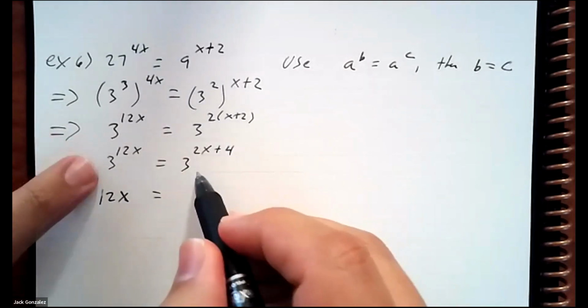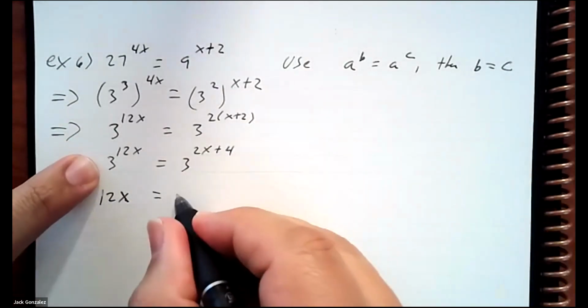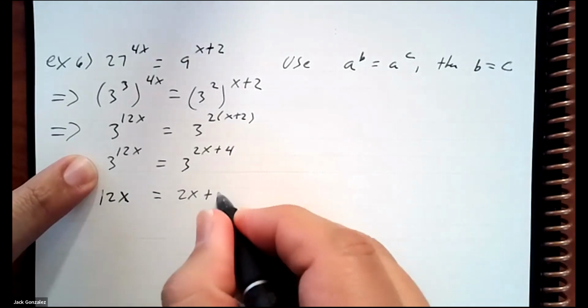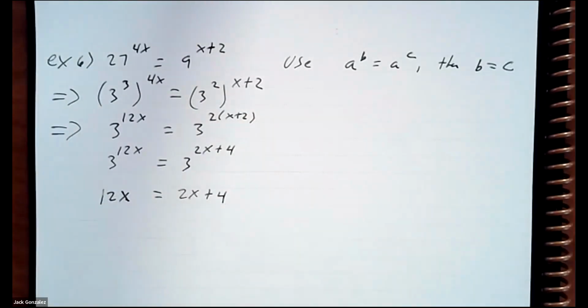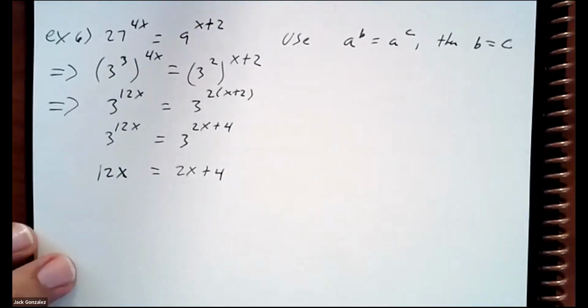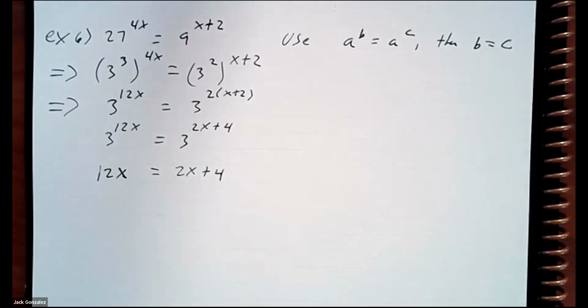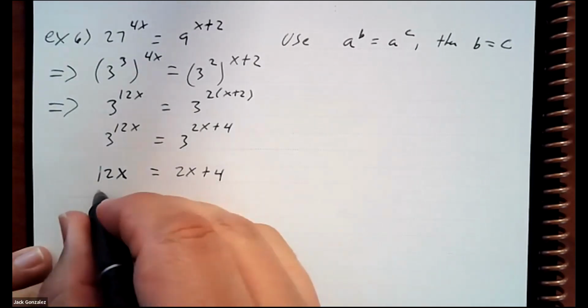So once you have the same bases, you can apply this. And we're back to a beginning of the semester kind of question. Right? Solve for x. So subtract 2x.